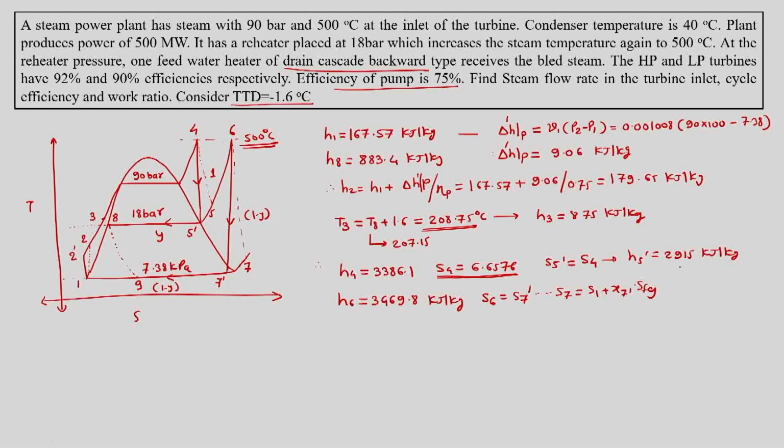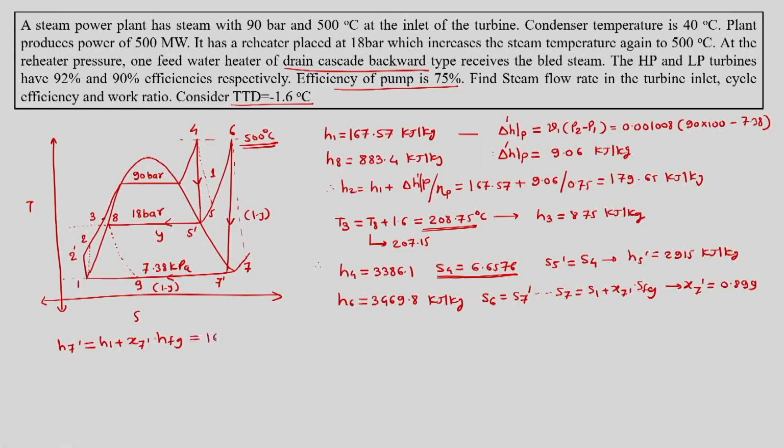So this gives us X7 dash, and the value of X7 dash is 0.899.